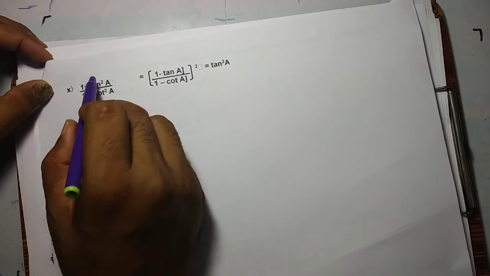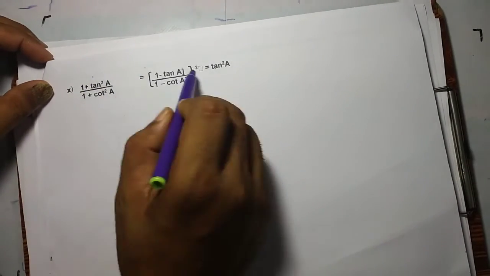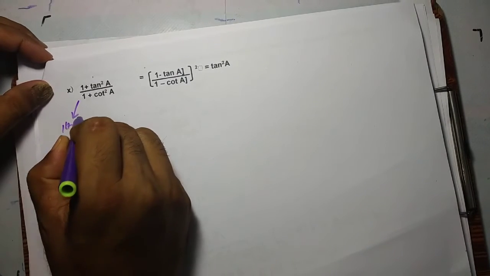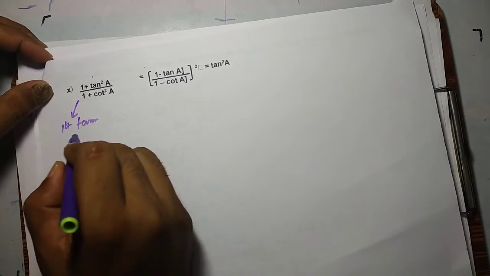So these are three terms. They are giving the first term, second term, third term, and they are saying they are equal to each other. Now the first term. Let's check its simplest form.